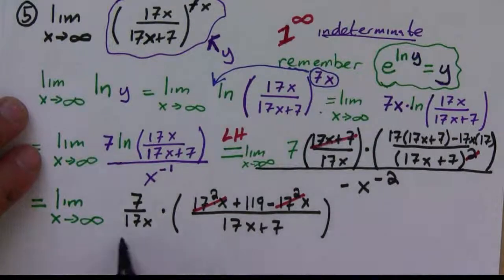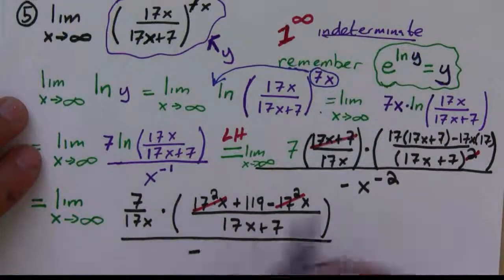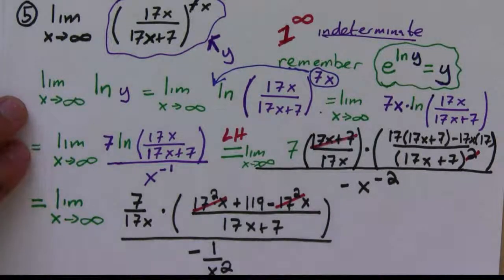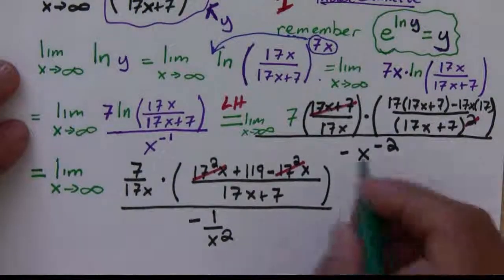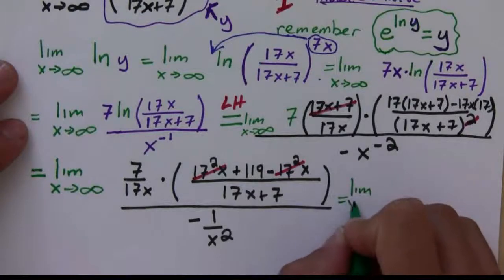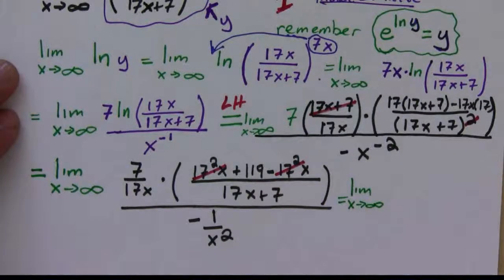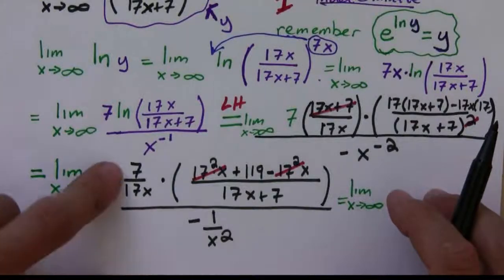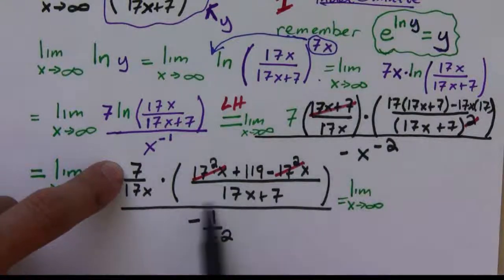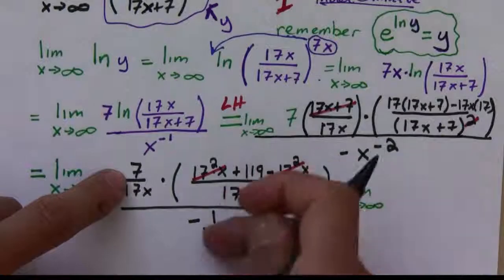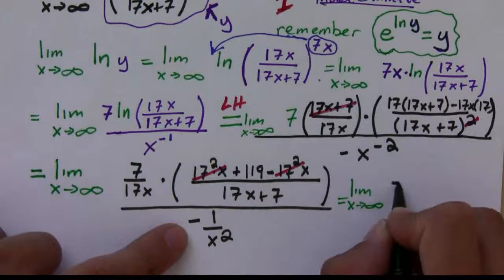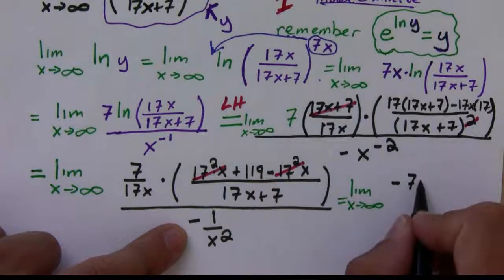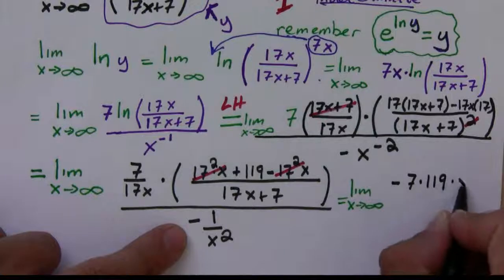Okay, and then now let me write this as negative instead of x to the minus 2. I'm going to write it as 1 over x squared. Okay, so if I clean this up, I'm going to get the limit as x goes to infinity of, if I invert and multiply this 1 over x squared, I'm going to have a negative 7 times 119 times x squared.